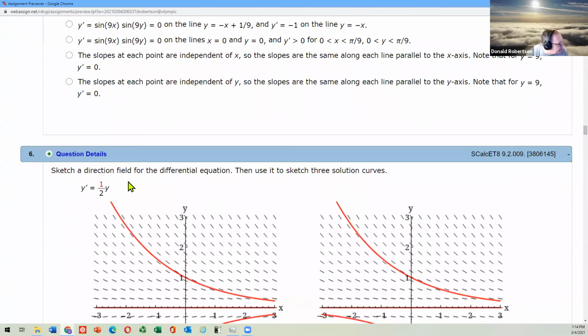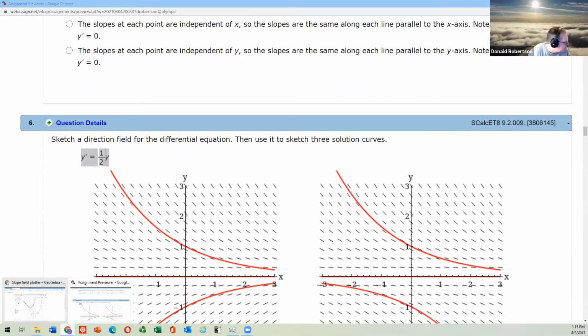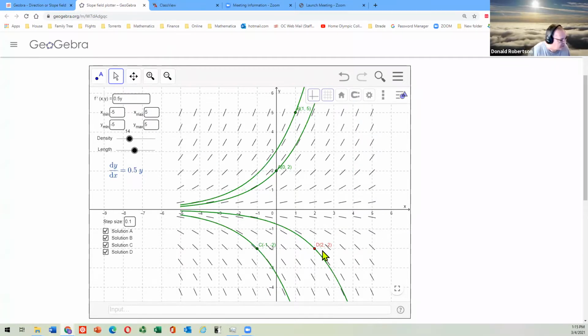It says sketch a direction field for the differential equation, then use it to sketch 3 solution curves. So this one says y prime equals a half y. So I'll go to this and change it to y prime equals 0.5y. And when I click out of this, I get a new direction field.